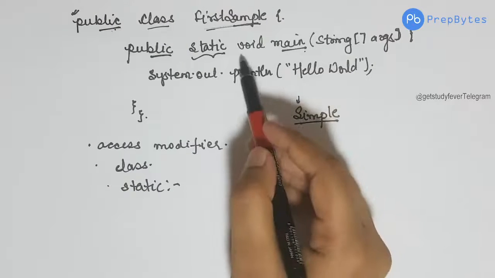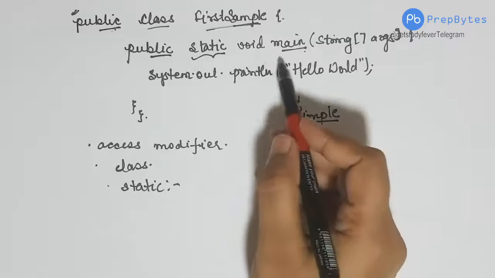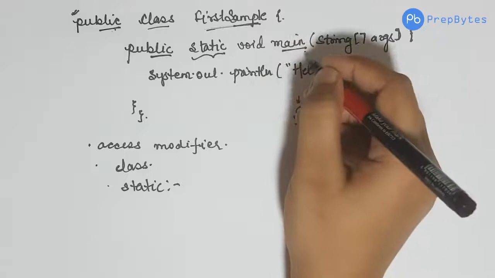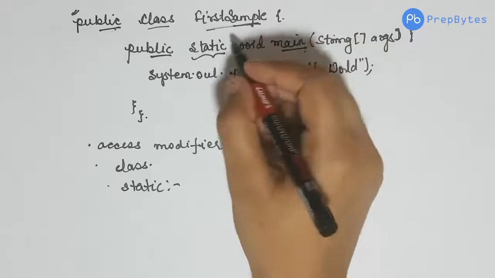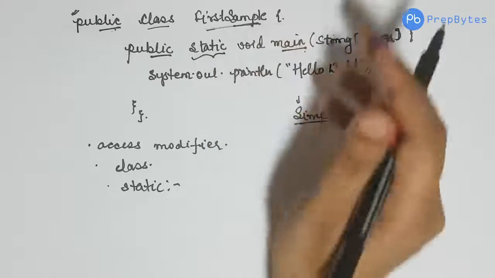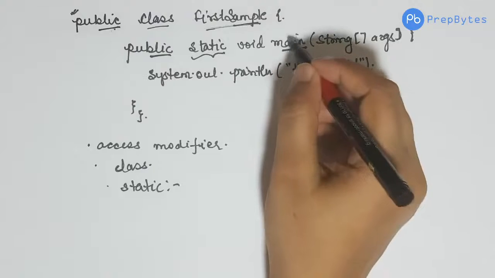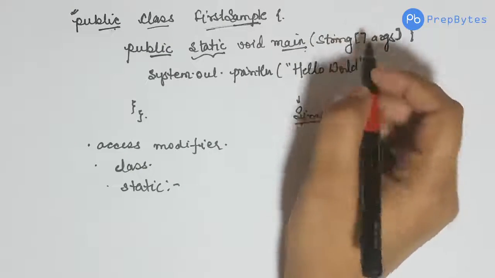Whenever we declare a method as static, we don't need to create objects to access that method. It actually saves memory, and main is something that is executed by the JVM, so we declare it as static. We will be discussing static a lot later on. As of now, just understand that we have declared main as static so that we don't need to access main using any objects.